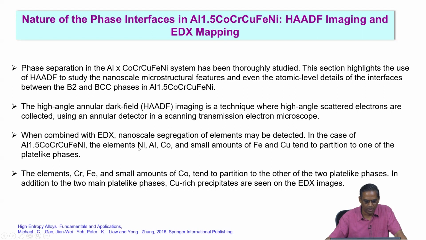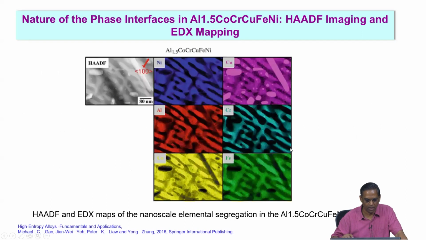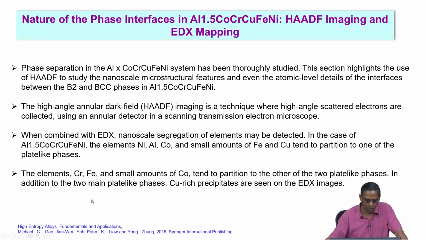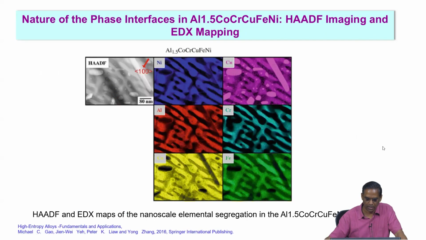So nickel, aluminum, cobalt correspond to the plate-like phases, with very small dissolution of iron and copper. Similarly, chromium, iron and small amounts of cobalt tend to partition to the other two plate-like phases. So, that is what we are seeing here in this section. Okay.